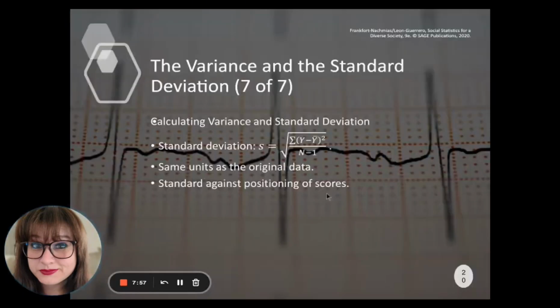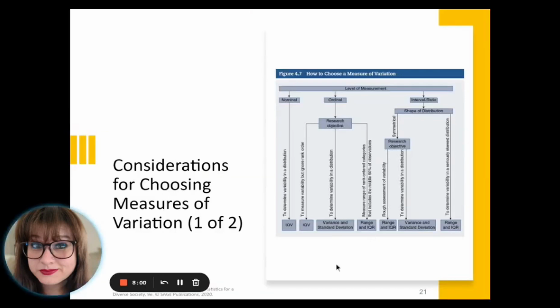If it's to measure the variability, but you're not thinking about the rank order, you can also use IQV. You're just trying to look at diversity, but you don't care about the rank order. If your idea is to understand the variability in the distribution, which may include that rank order, variance and standard deviation will be important.